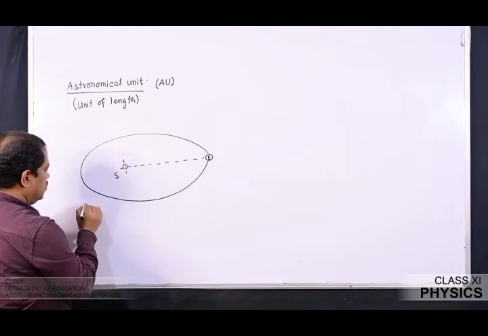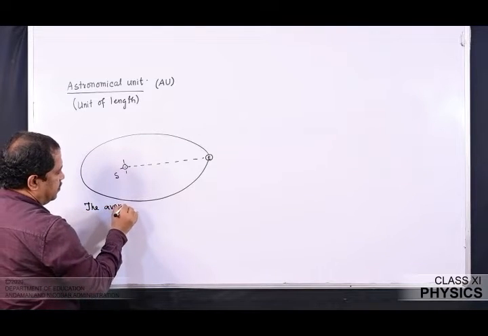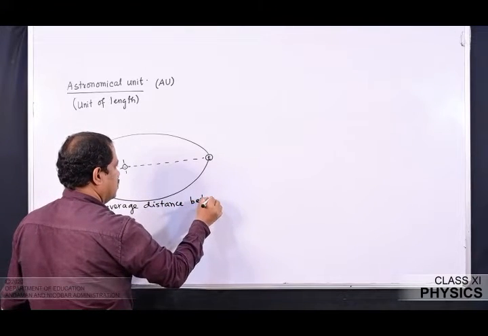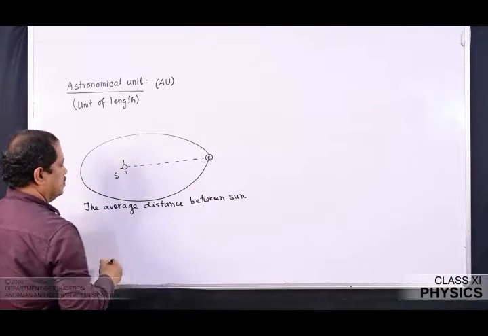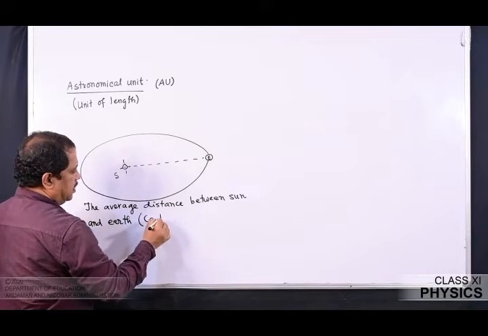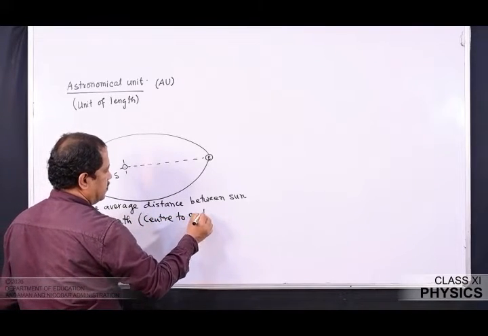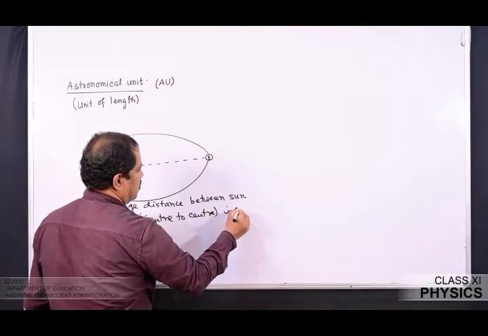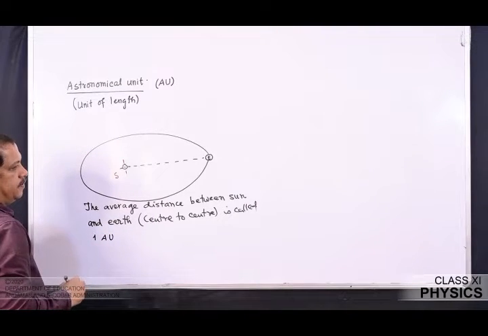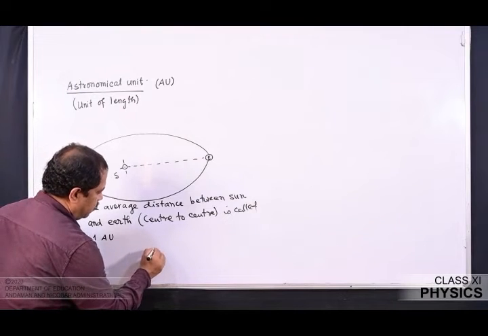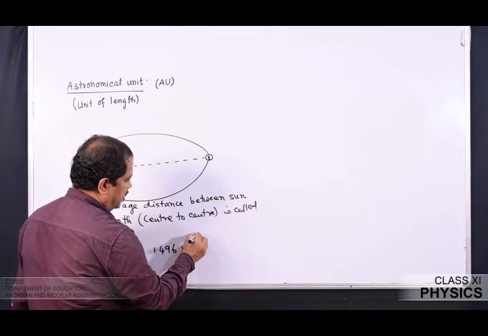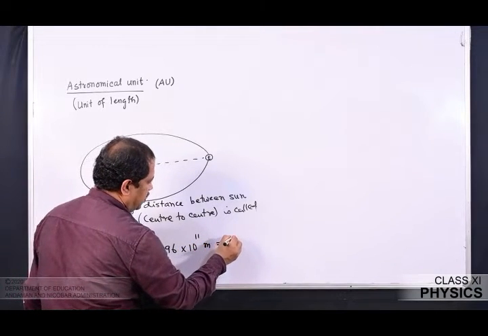So, the average distance between sun and earth, center to center, is called 1 astronomical unit, and the value works out to be 1.496 into 10 power 11 meter, which is equal to 1 astronomical unit.